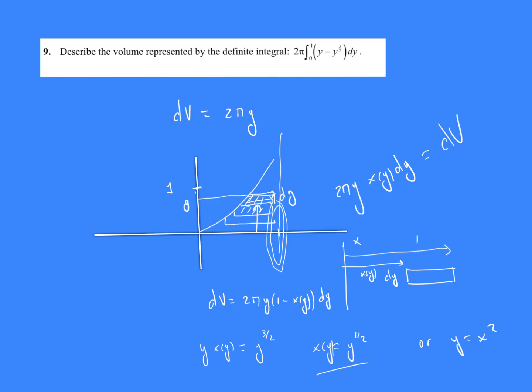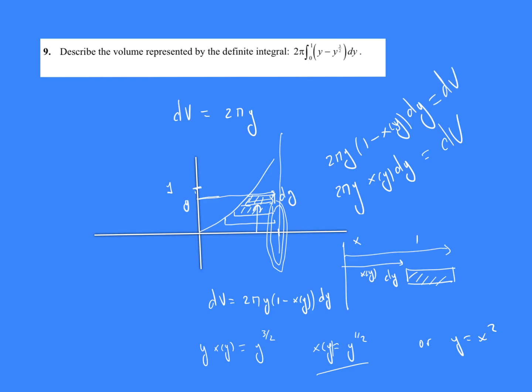So the length of this small area is 1 minus x of y. So the small volume will be, I will rewrite correctly, 2 pi y times 1 minus x of y times dy. And this is the small volume.